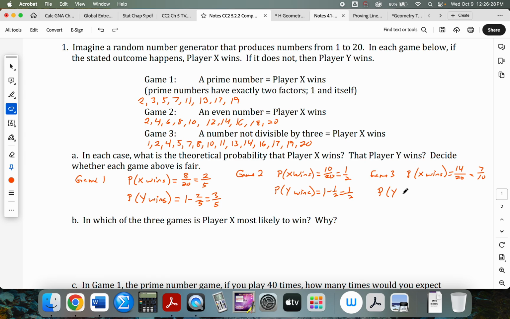The probability that Y wins is going to be what then? 3/10, because that's 1 minus 7/10.